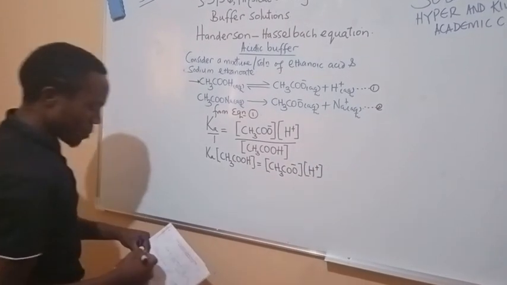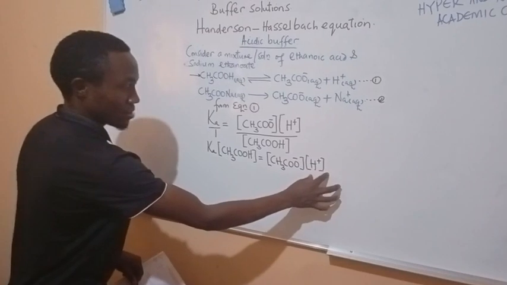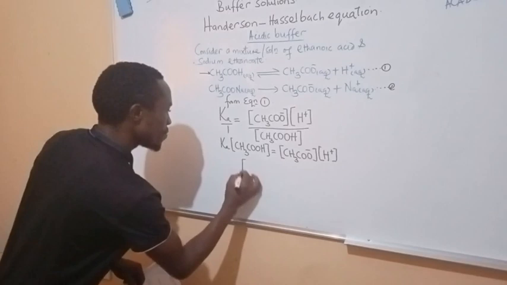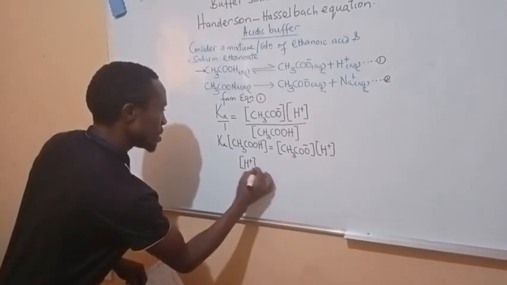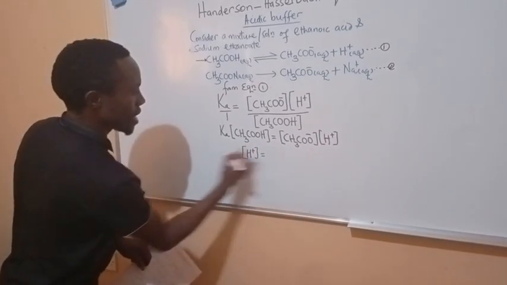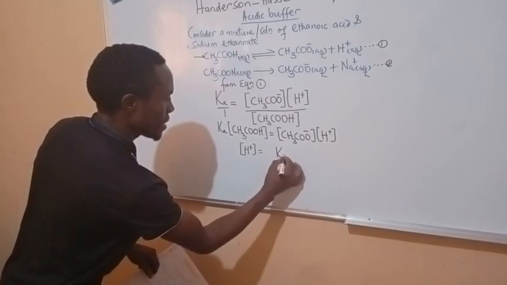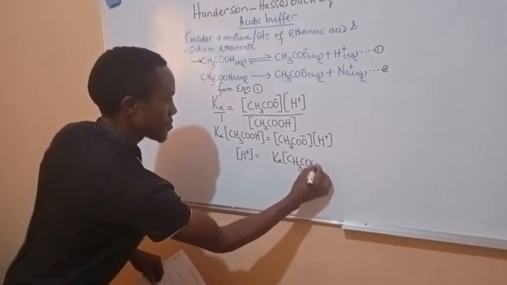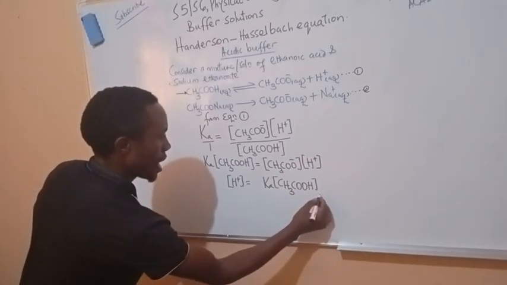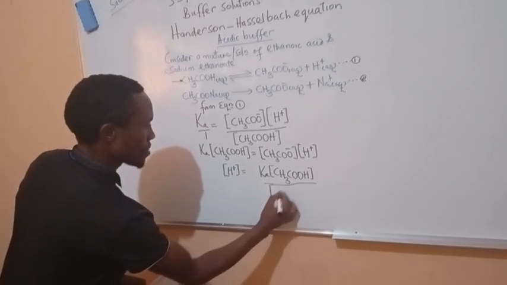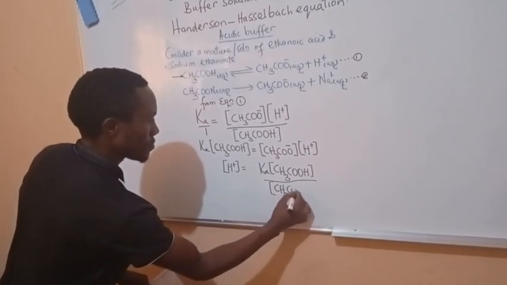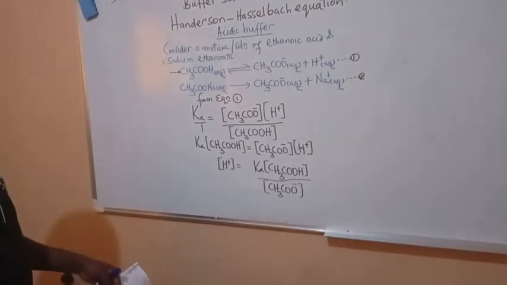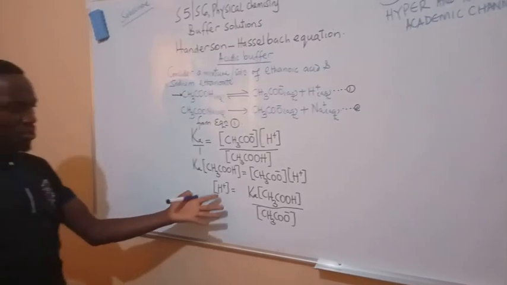But since we are looking for pH, you take the concentration of hydrogen ions as the subject of this equation. So our concentration of hydrogen ions is going to be equal to, dividing both sides by the concentration of ethanoate ions, Ka times the concentration of ethanoic acid out of the concentration of ethanoate ions. Now, the concentration of hydrogen ions may not easily give you the pH.